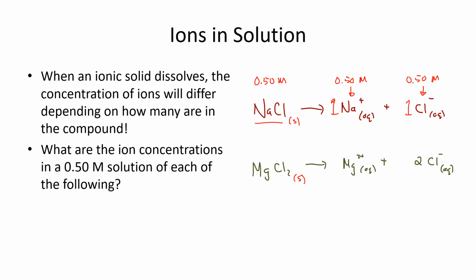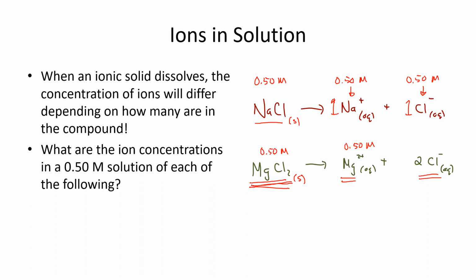However, when you have a compound that has more than one of a particular ion, then that changes. So you can make a solution that is 0.5 moles per liter magnesium chloride, but when you dissolve that, you're going to get more chlorides than you do magnesiums, just because of the way they stick together. And so you will still have 0.50 moles per liter of magnesium, because for every one of these that dissolve, you get one of these.